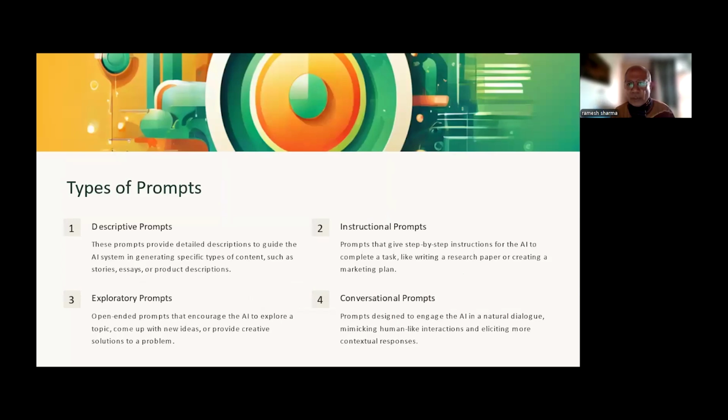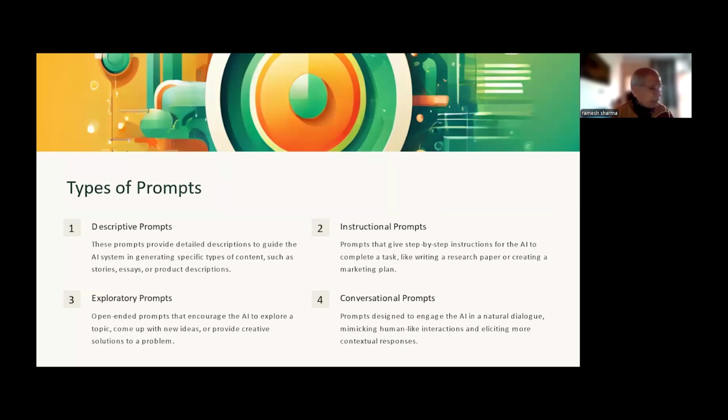There are various types of prompt. Some of the prompts are descriptive prompts, where we ask the system to generate specific type of content. For example, if we ask them to write a story or essay or product description. Then another is instructional prompt, where we give step-by-step instruction for the AI to complete a task, like writing a research paper or creating a marketing plan.